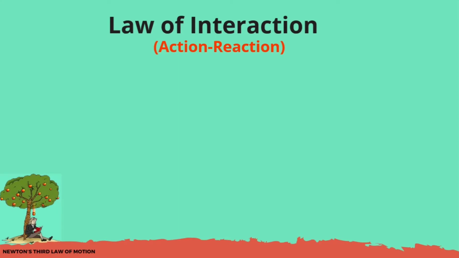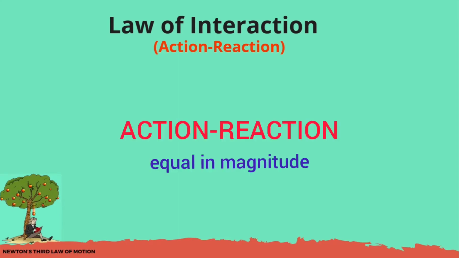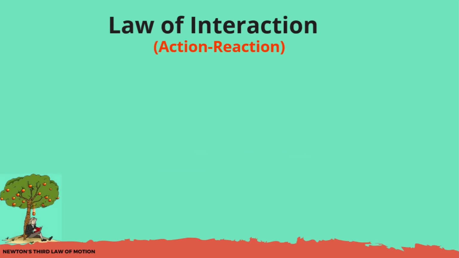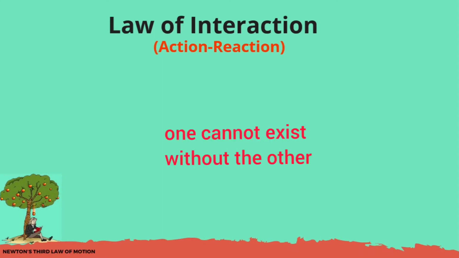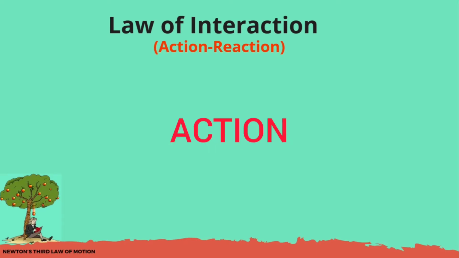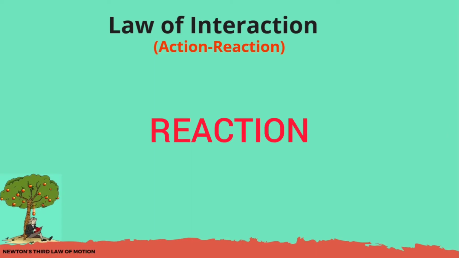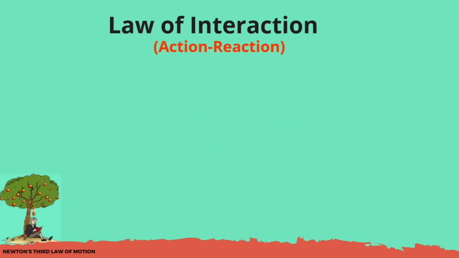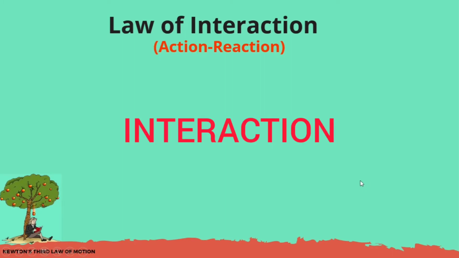These two forces are equal in magnitude, but opposite in direction. One cannot exist without the other. Forces always come in pairs. One is the action, while the other is the reaction. These forces make up the interaction.